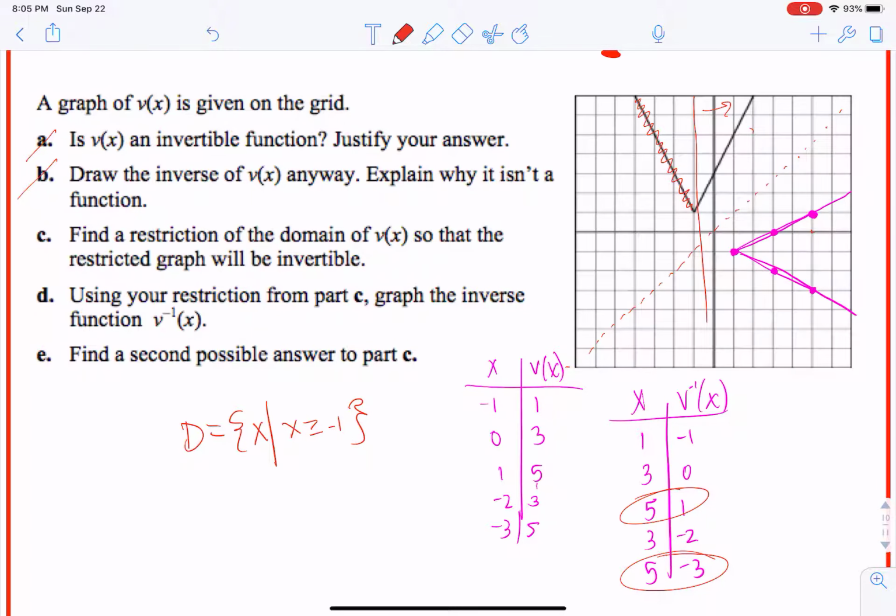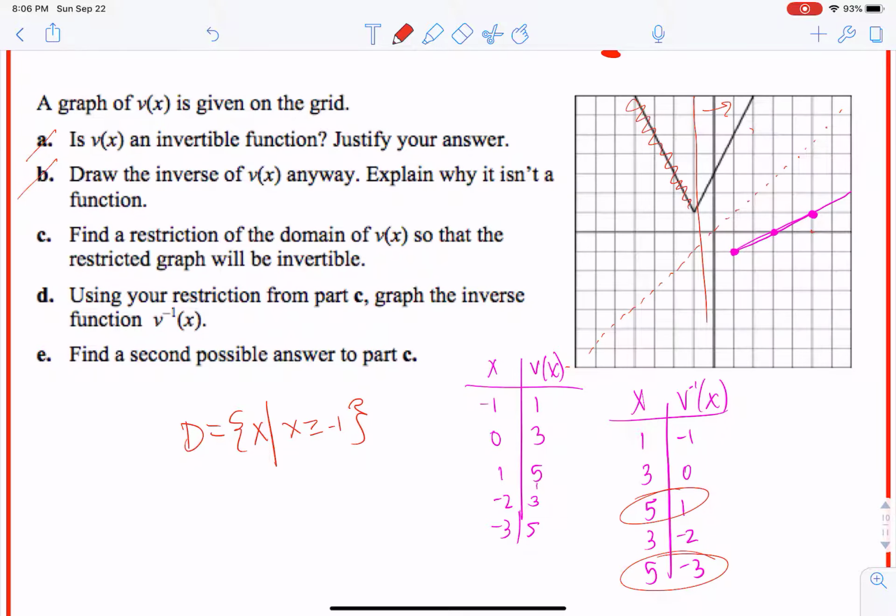So using your restriction from part C, graph the inverse v inverse of x. So what I can do is I can come back to what I had already graphed over here, and this would be the inverse of what I sort of chunked off of this graph here by getting rid of this part of the function.